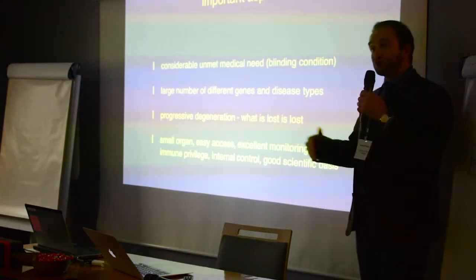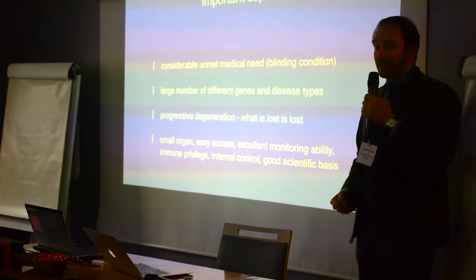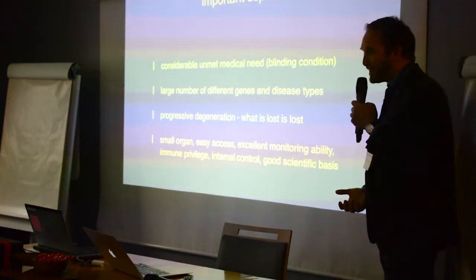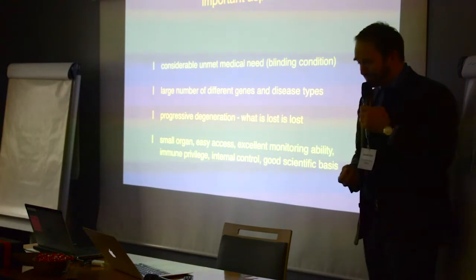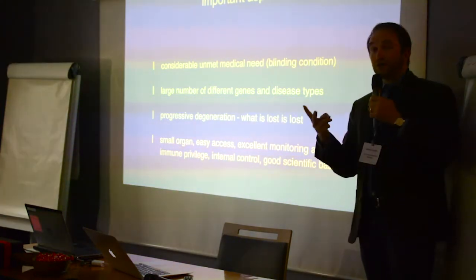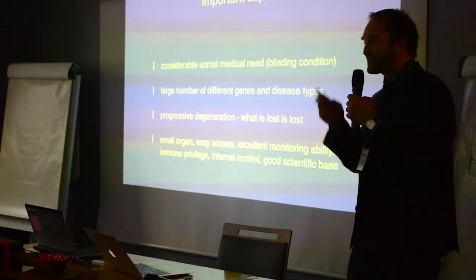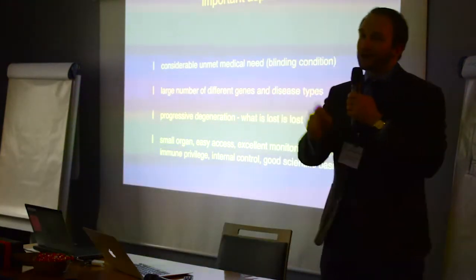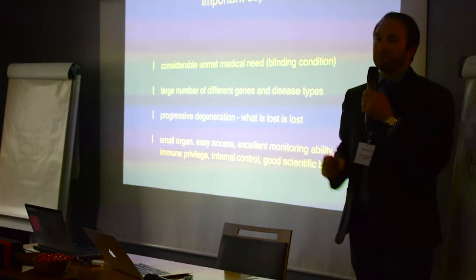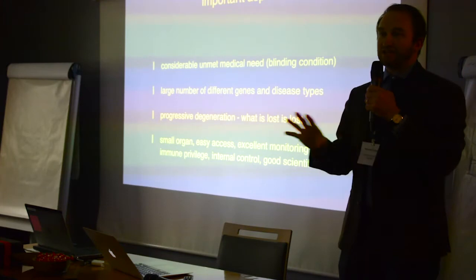So, positively speaking, we have an extremely attractive organ for gene therapy and gene editing. It's small. We have 2 of them. Fairly easy access. So 2 of them, it's a laughing matter to some, but actually it's quite important. We have internal control. A lot of the genetic diseases are quite variable because we don't understand all the epigenetics and whatnot.